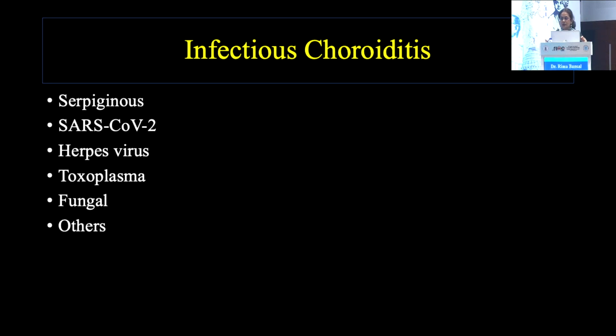So I thought I'll take you to various etiologies that have been reported in serpiginous choroiditis when it comes to infectious agents. First, we all know about TB being the etiology of serpiginous-like choroiditis. There are a couple of case reports highlighting the involvement of SARS-CoV-2, herpes virus causing serpiginous choroiditis, toxoplasma, fungal, and others.